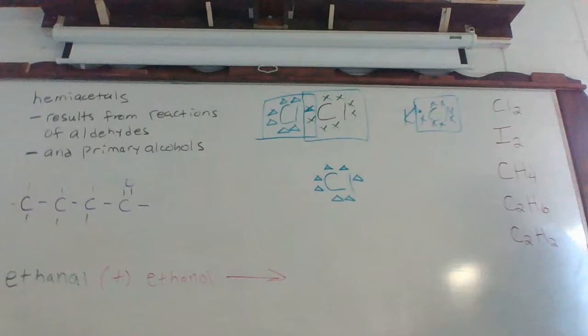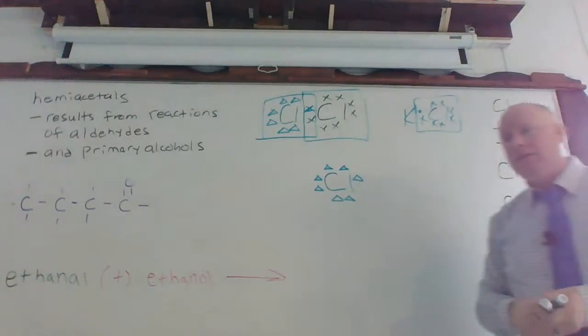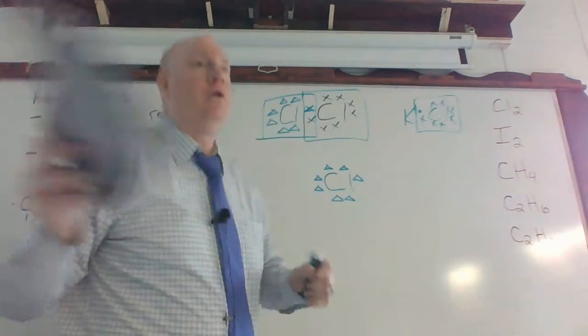Okay, so if we just did chlorine, how would iodine be different? Or would it be the same? Because what column is iodine in? The 7th. It's in the same column as what? So the only difference between this and this, you wouldn't even have to do the whole thing over again.